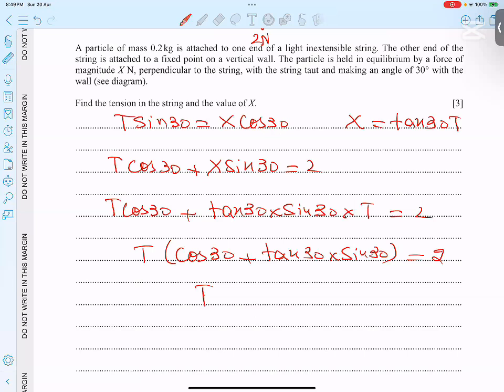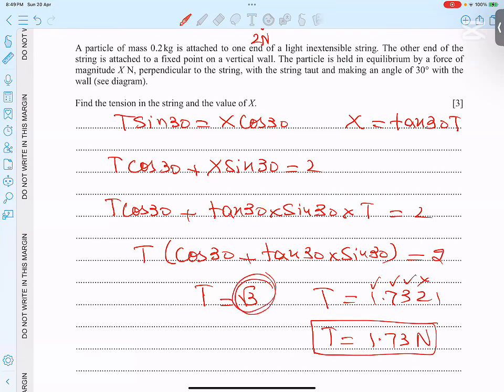So I'm going to type in the calculator: 2 in the numerator, and down I have cos 30 plus tan 30 times sine 30. If I check it, I got the tension becomes √3 exact value, which is actually 1.7321 newtons. But I don't want that, so I got 1.73 newtons.